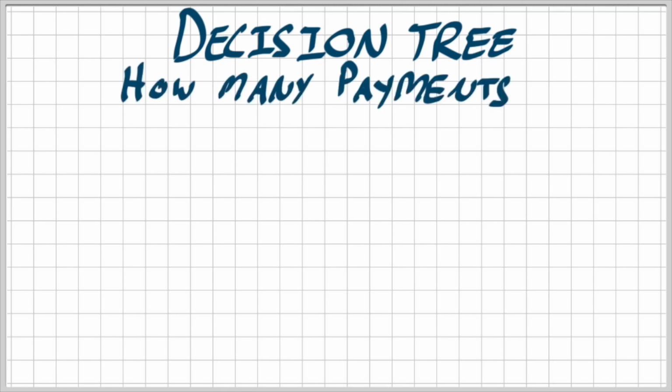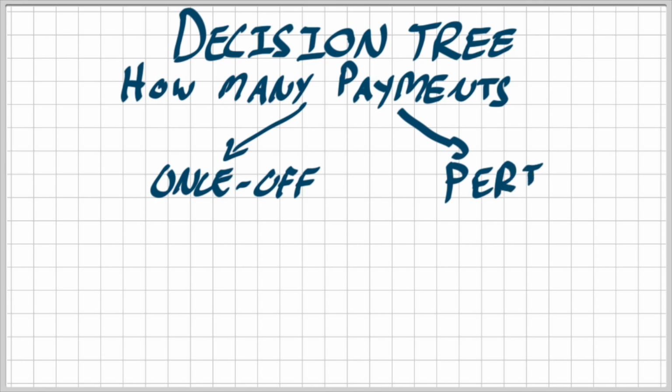In a decision tree, the first question I want to ask in financial mathematics is how many payments do you make? Either you are going to make a once-off payment or purchase, or I'm going to make periodic payments. Periodic payments are payments that are exactly the same every month, every quarter, every year.